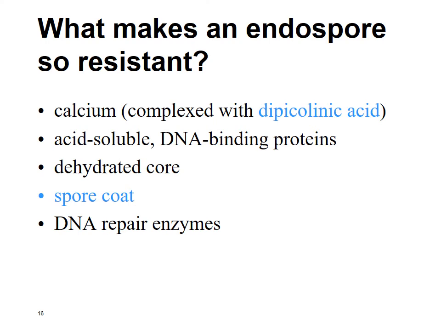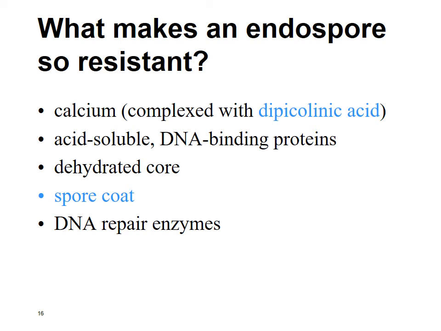In addition, specialized small DNA binding proteins are found in the endospore. They cover the DNA in the core of the endospore, and they seem to protect the DNA from heat and radiation and so on. Dehydration of the protoplast appears to be quite important in heat resistance. The cortex layer might osmotically remove water from the protoplast, thereby protecting it from both heat and radiation damage.